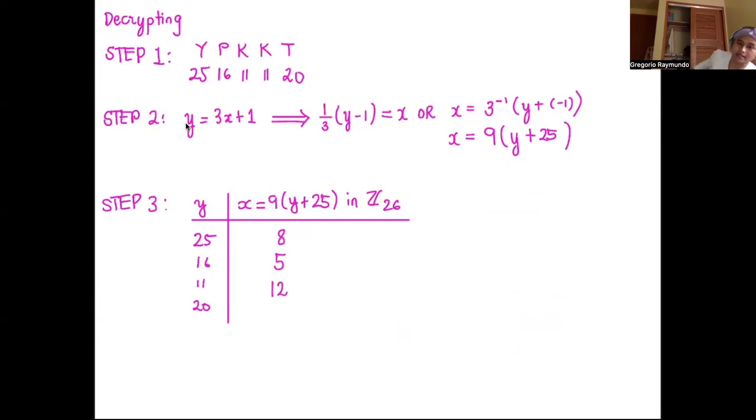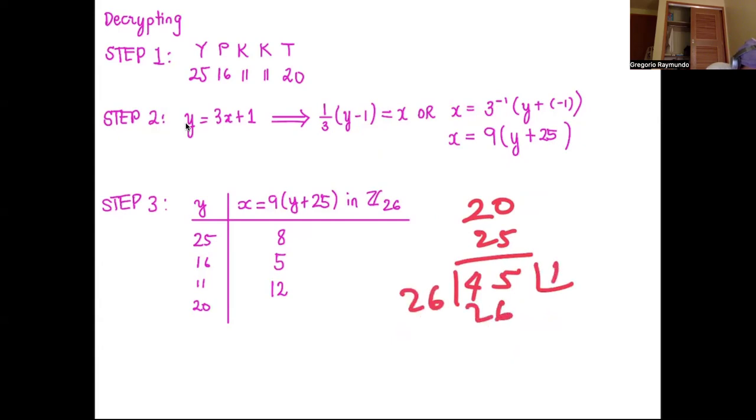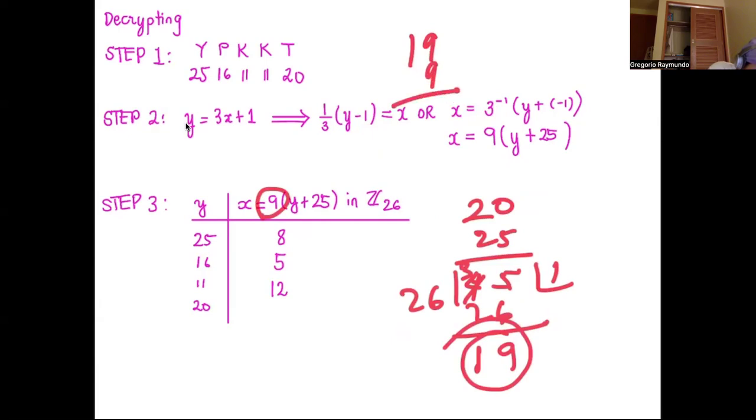And finally, 20 plus 25, 5, 45 divided by 26, 1, 26, 15 minus 6, 9, 19. 19 times 9, 81, 1, carry 8, 9 plus 8, 17. 171 divided by 26.